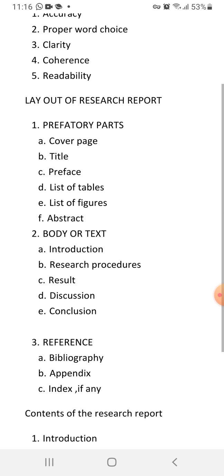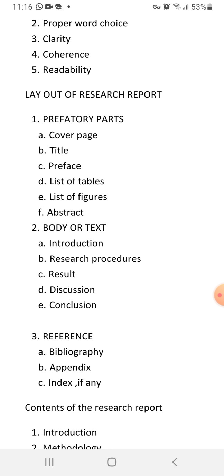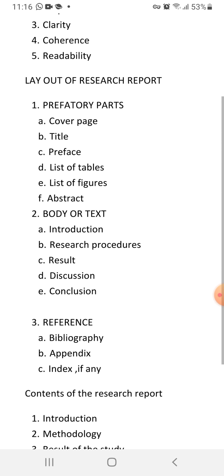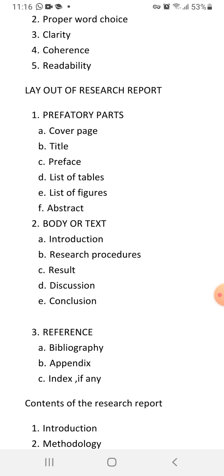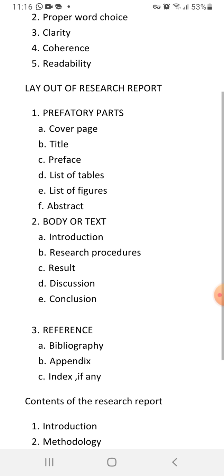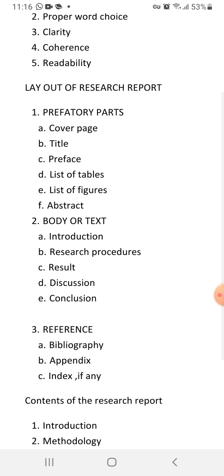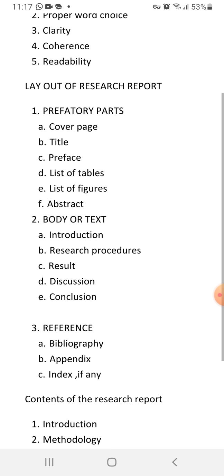The layout. There are three major parts in a project report. Prefatory parts, body or text, then reference. What are prefatory parts? Which contain cover page, title, preface, list of tables, list of figures, and abstract.